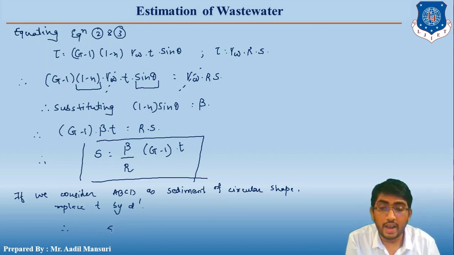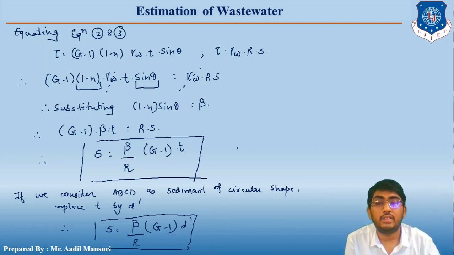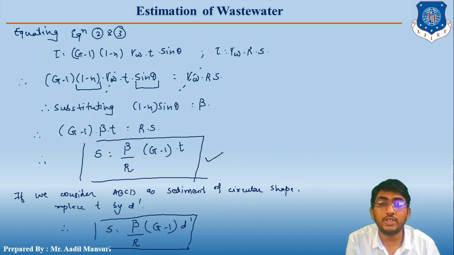Therefore S will be equal to beta by R (G minus 1) D dash, right? So if the particle is cuboidal, then the bed slope can be found with this equation, and if the particle is spherical, then you can find the bed slope with this equation. Okay.